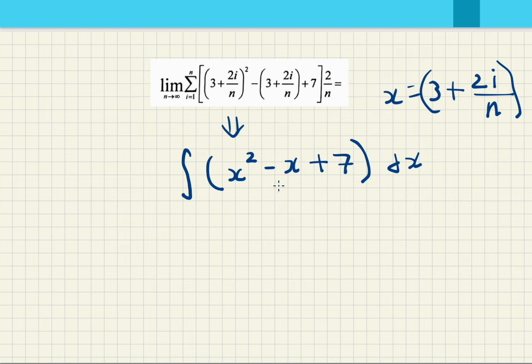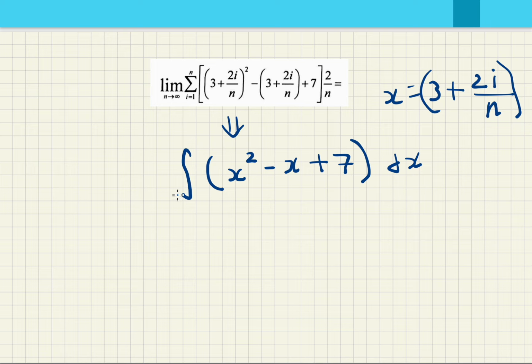We got the expression. Again, we're just looking for what is our x value, looking for what terms have i over n, and looking for their brackets around it. And so that's why x is equal to this, and we just replace that value with x.